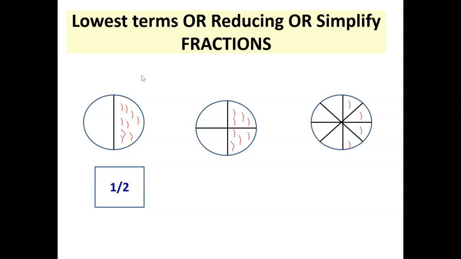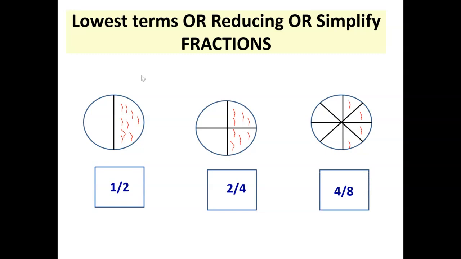So that's how I represent my fraction. Out of the 2 slices, I'm only eating 1. In the middle one, if I'm eating the same amount of pizza, now I have 4 slices and I'm going to eat 2. So my fraction will become 2 over 4. In the third pizza, if I'm still eating the same amount, out of the 8 slices, I will eat 4 now. So my fraction will become 4 over 8. All these 3 numbers are exactly the same, they just look different. 1/2 is the only one which shows the lowest term.